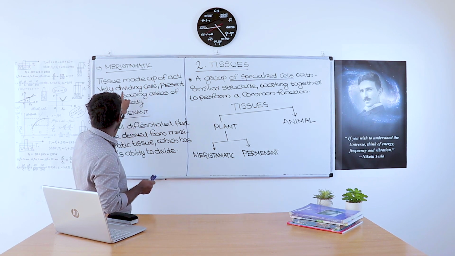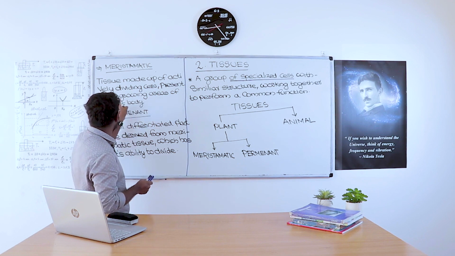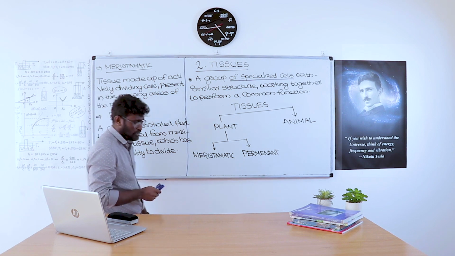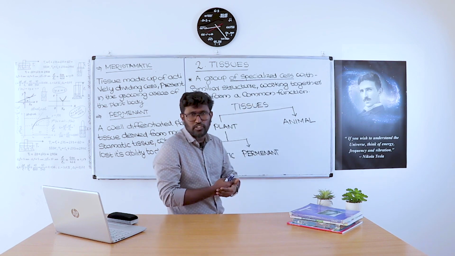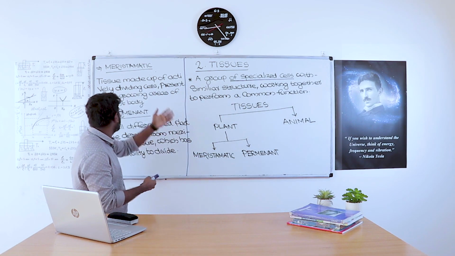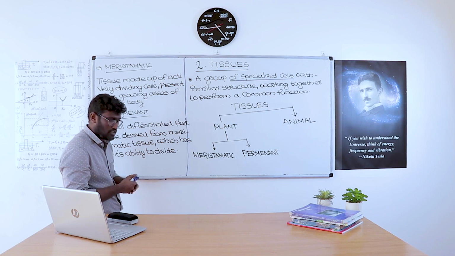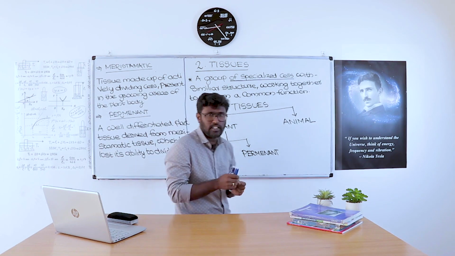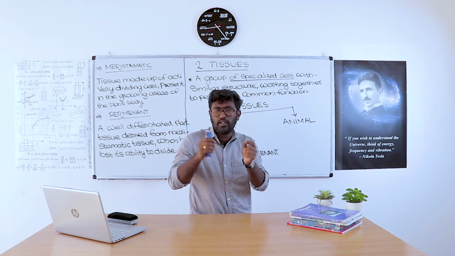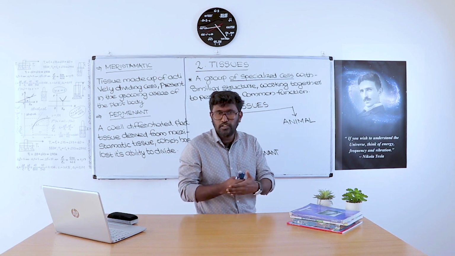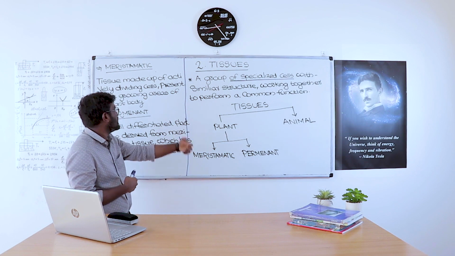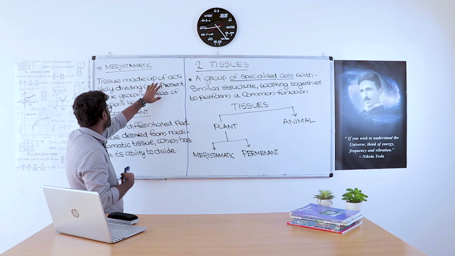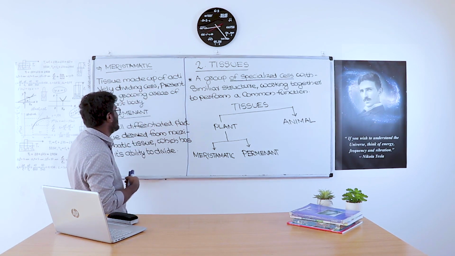Meristematic tissue is tissue made up of actively dividing cells present in the growing areas of the plant body. So where is meristematic tissue present? It is present in the growing areas of the plant body, and that tissue is made up of actively dividing cells.